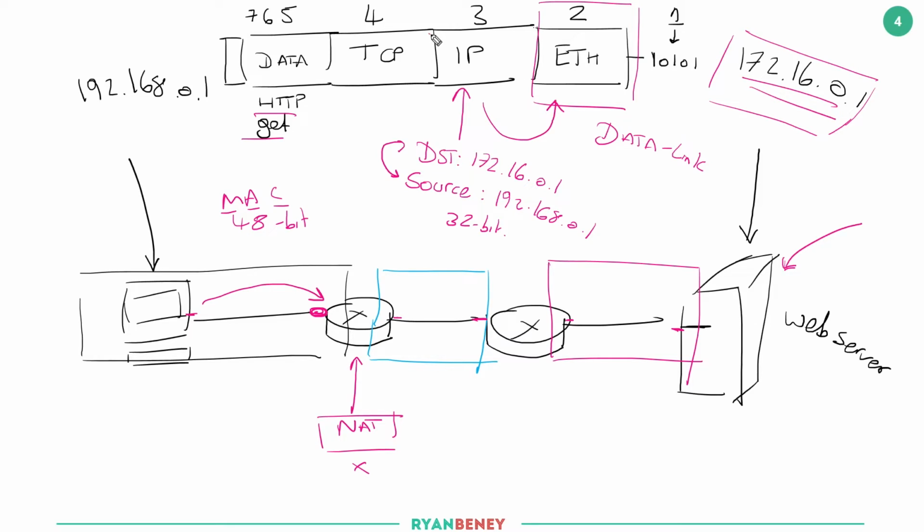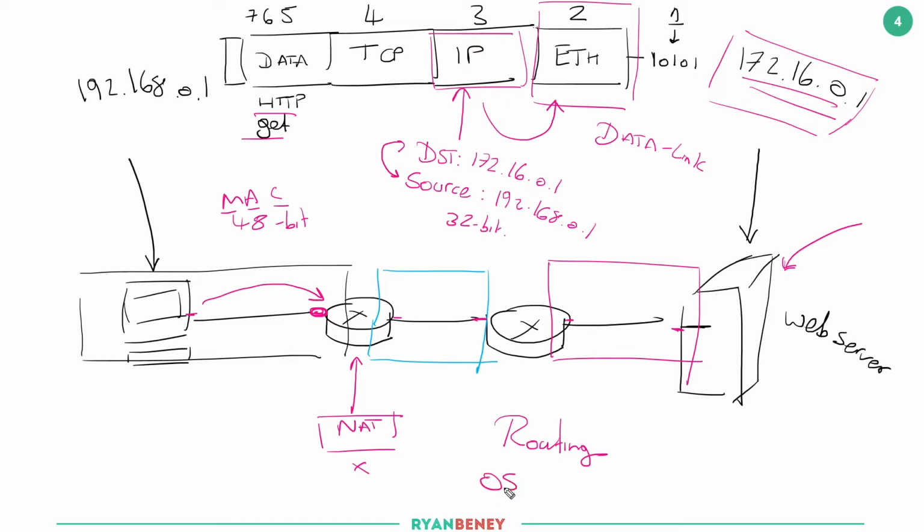The router will then look at the next layer up, which is IP, and realize the destination is actually not for itself, but it is aware of the location of 172.16.0.1 through the routing protocols.